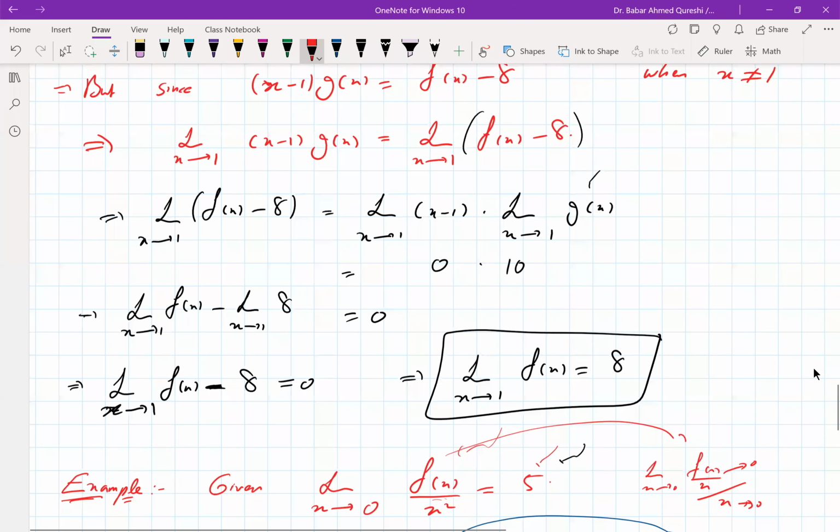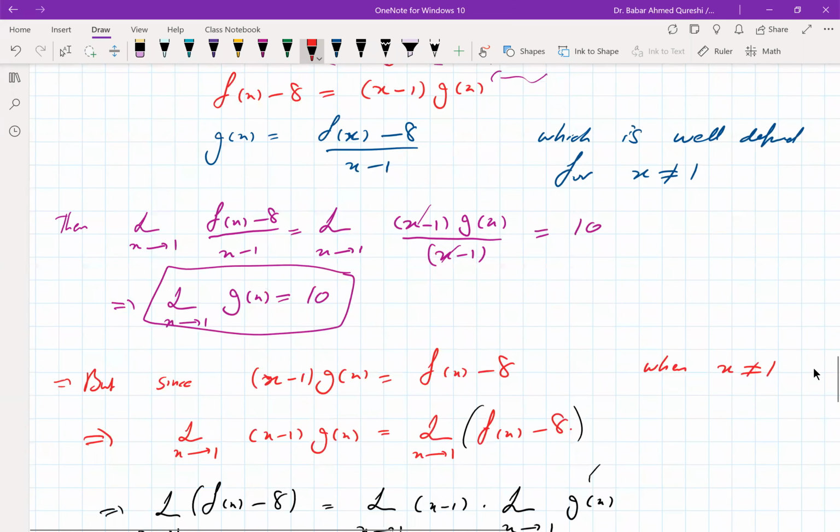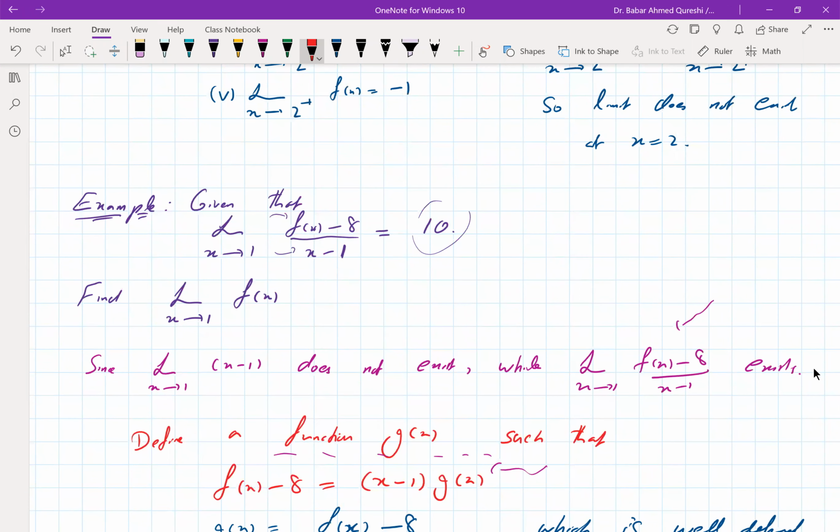Same thing happened over here. At the limit point, I was getting this limit going to 0. So this beta had gone to 0 to give me a finite number. And that could have gone to 0 only if f of x was 8. And that's what we found. This is a general rule.